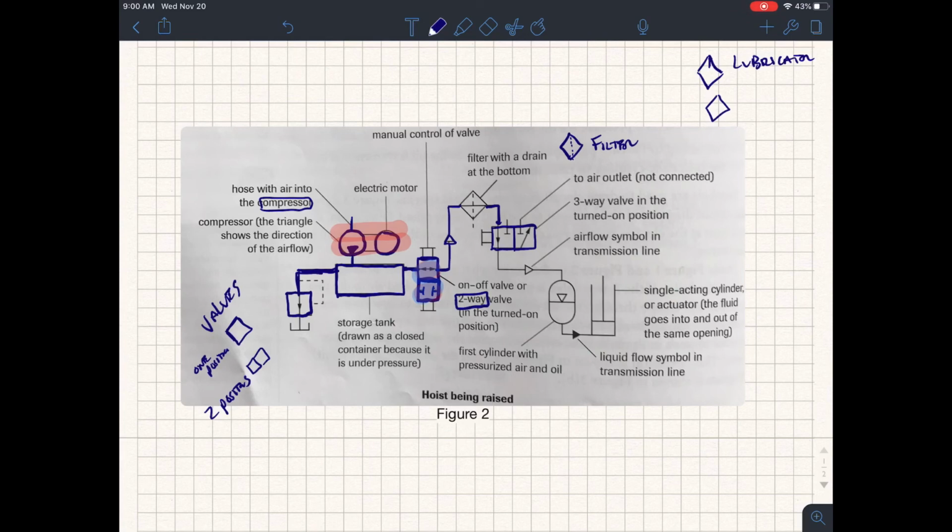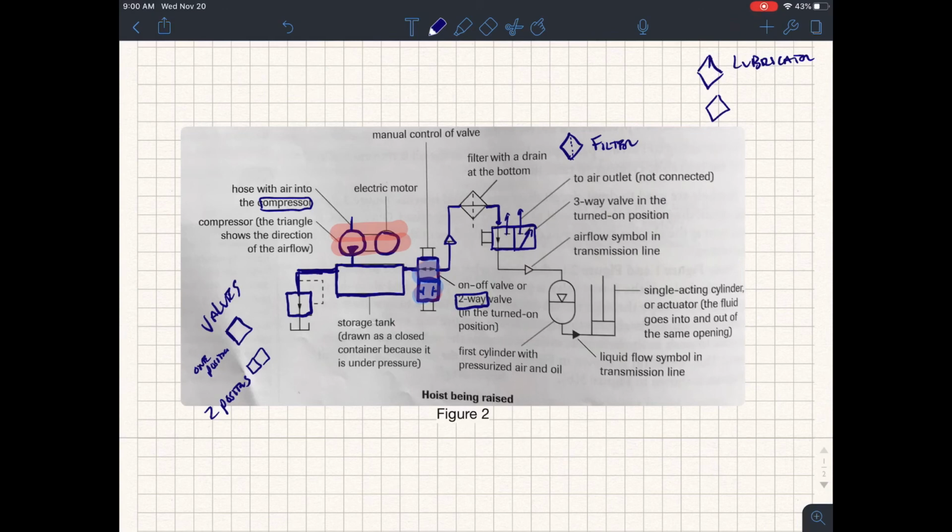Now we still call it a three-way, and valves have a number of different symbols that can be located inside. This arrow on an angle to the upper right means it's usually open. We've got other valves or other transmission lines coming off this as well.